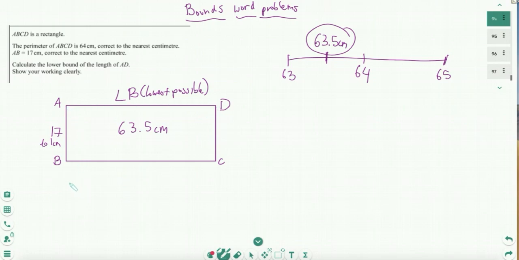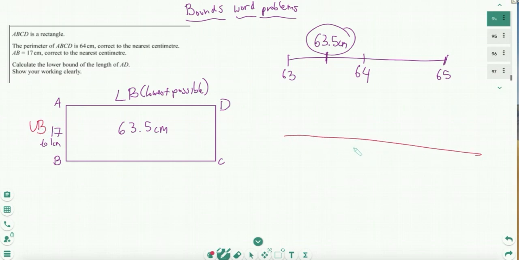Well, the longer that the length is, the shorter that the width will be. And vice versa, if the length is short, the width will be really long. Since we want the lower bound of the width, we want to have a really short width. We're going to find the upper bound of the length, okay? So we're going to find the upper bound of A to B.